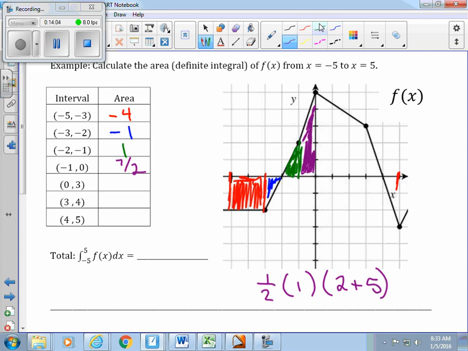And then from 0 to 3, better not use yellow, might not be able to see that. We'll go back to red. From 0 all the way over to 3 is another trapezoid.